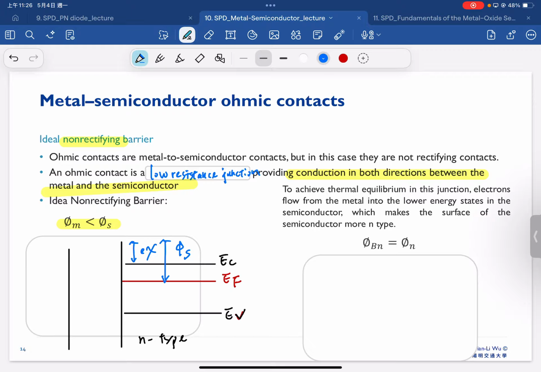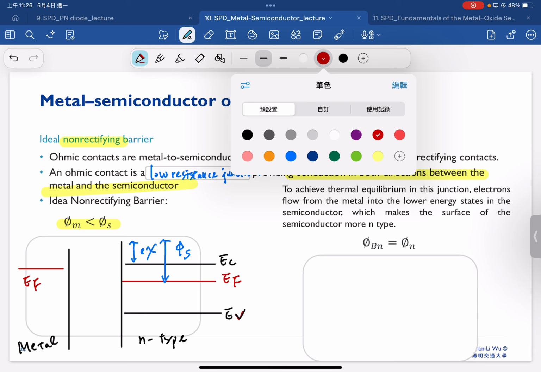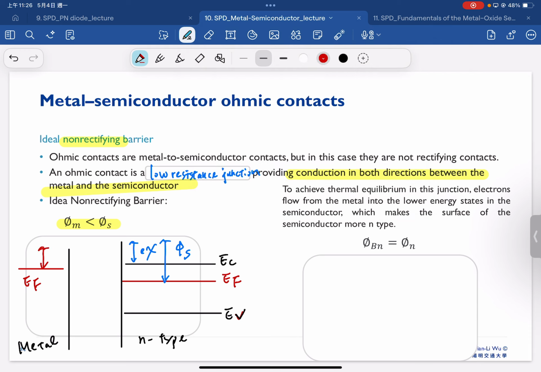But now we consider the case where our phi m is smaller than phi s, which means this is our metal Fermi energy, and then our work function is here. So in this case, phi m is smaller than phi s.